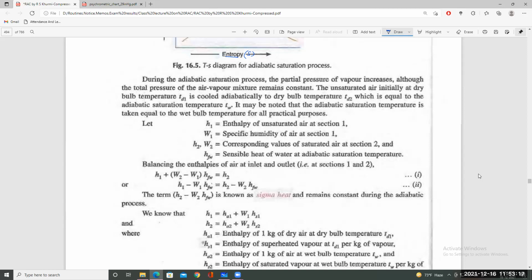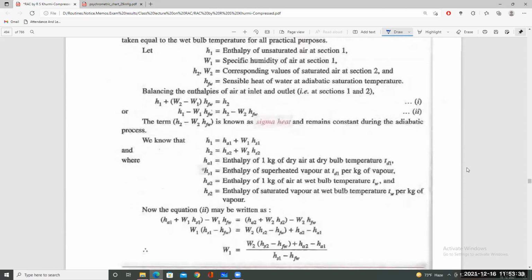Similarly, in the same way, at point 2 we have hd2 and hg, the saturated vapor at wet bulb temperature TW, per kg of dry air.